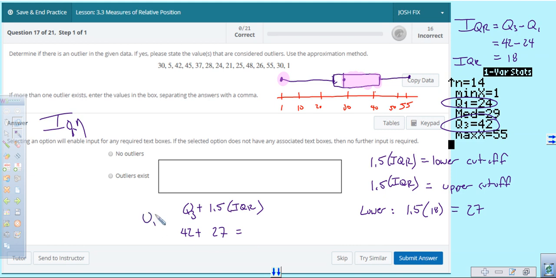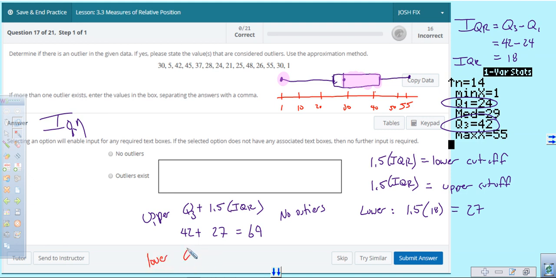So our upper cutoff would be 69. We look at our data set. We do not have any numbers that are greater than 69, so there are no outliers on the upper end. Now we go look on the lower end.